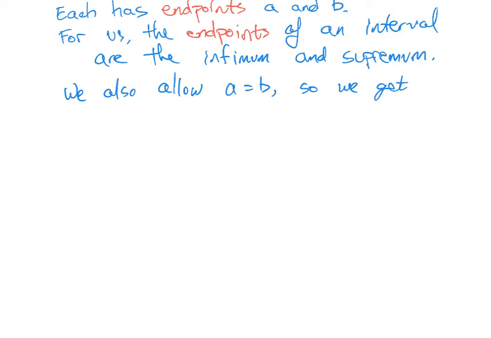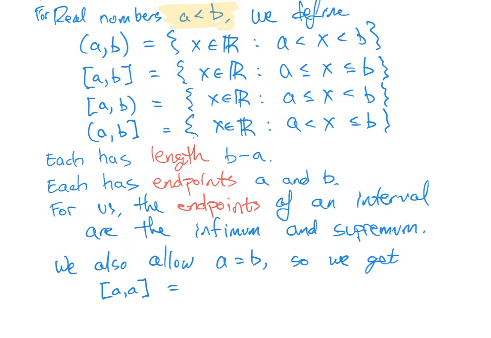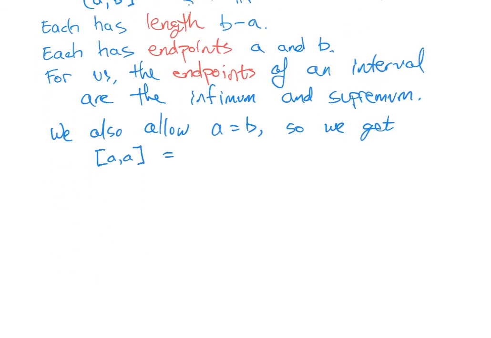What do we get there? We get the closed interval from a to a. If we go back up to the definition of the closed interval from a to b, we replace that b with an a. We would just get the set consisting of a, right? So that's what this is.